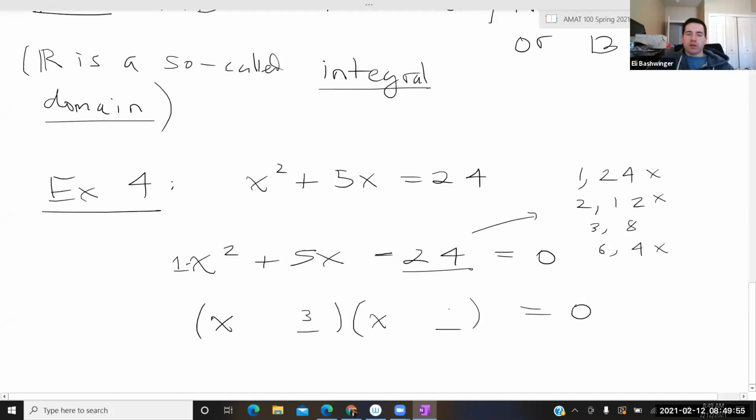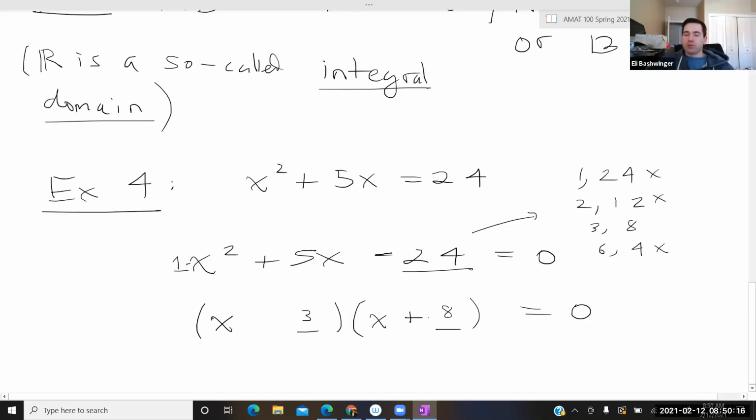So we have to put a 3 in here and an 8 here, but we have to worry about the sign. One of them has to be negative, one of them has to be positive to get negative 24. Because we have a positive coefficient in the middle term, we need the bigger number to have the positive.